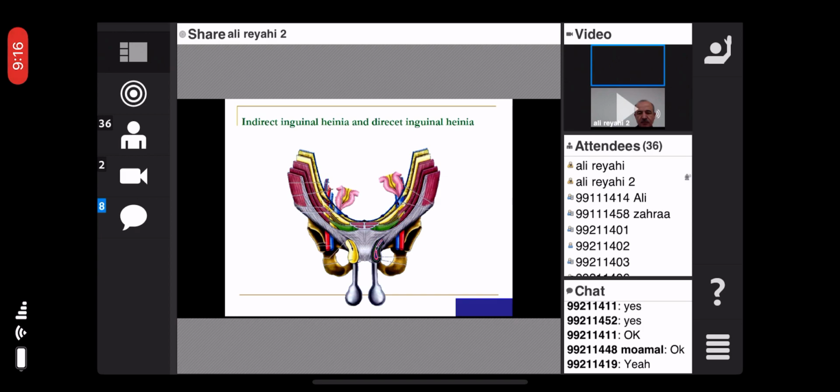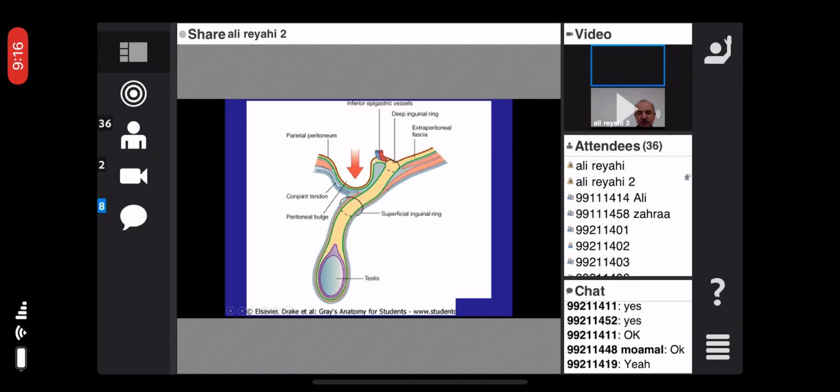Okay, this phenomenon is called a hernia. Types of hernia: indirect inguinal hernia and direct inguinal hernia. Indirect and direct. What is the difference between the two hernias?